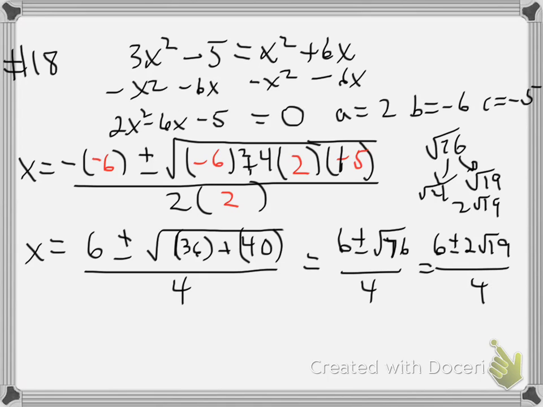And again, we got lucky in the sense that you can divide this by 2 and you get 2. If you divide this by 2, you get 3. If you divide this by 2, you get 1. So it actually simplifies down to 3 plus or minus root 19 over 2. And you can all divide by 2, or you can divide 3 by 2 separate from the root 19 divided by 2. And there's your answer.